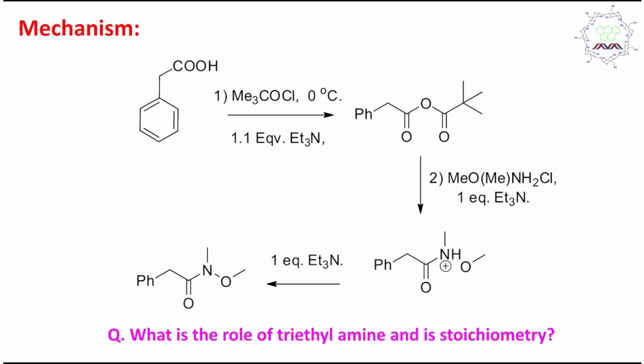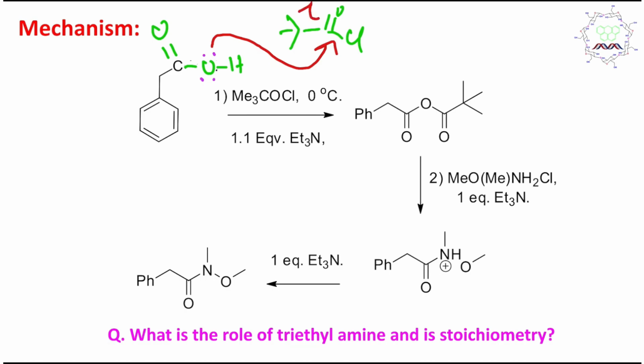And if you want to know how this has happened, let me give you a little description. This is the C=O, and this is OH, and this is the pivaloyl acid chloride. This mechanism is nothing but acyl nucleophilic substitution. Actually the attack happens from here, but for your better understanding I am showing it here.